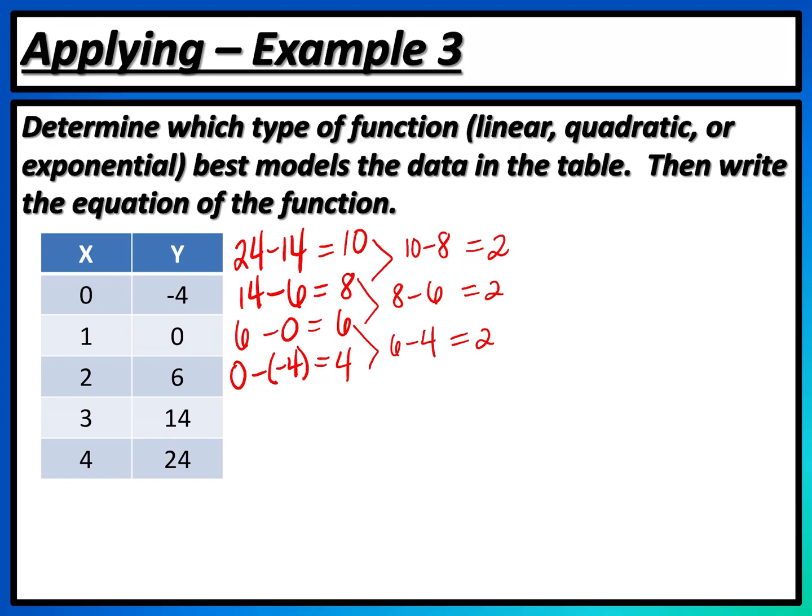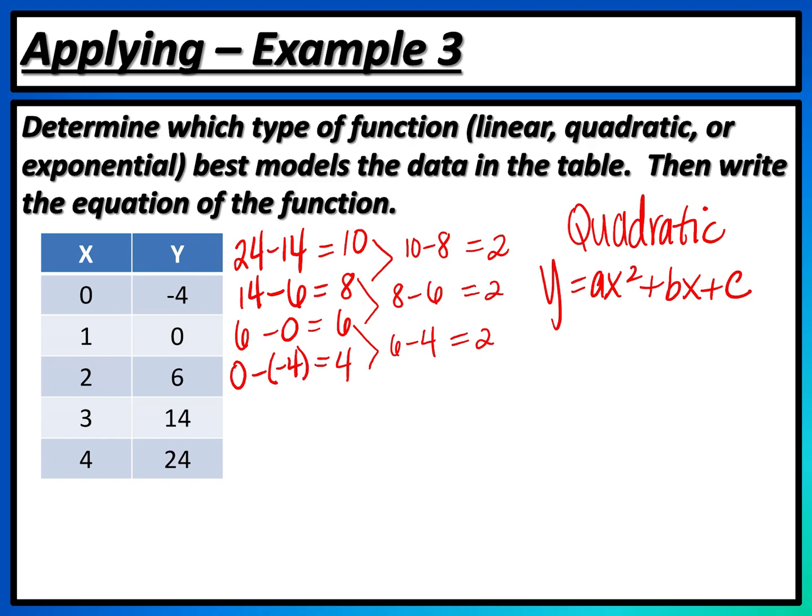And you see that we get the same difference: 2, 2, and 2, the same second difference. So that makes this quadratic, and that's y equals ax squared plus bx plus c.